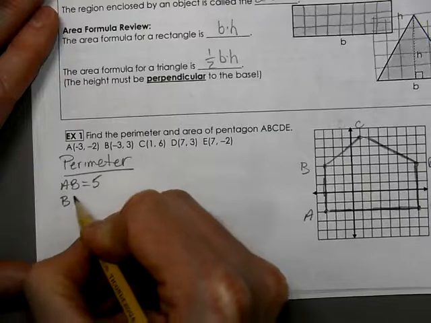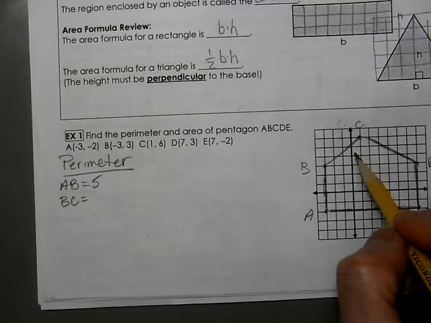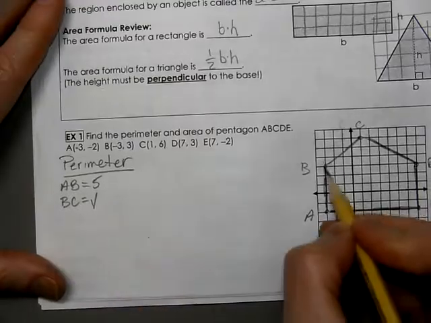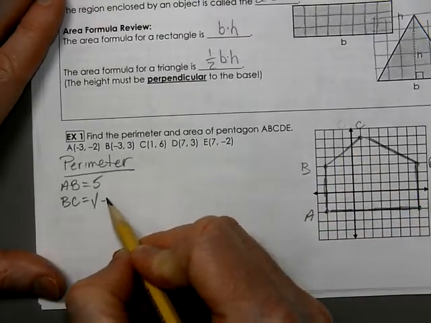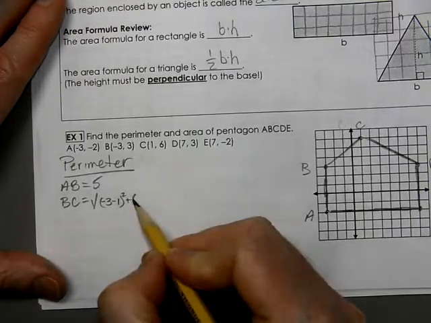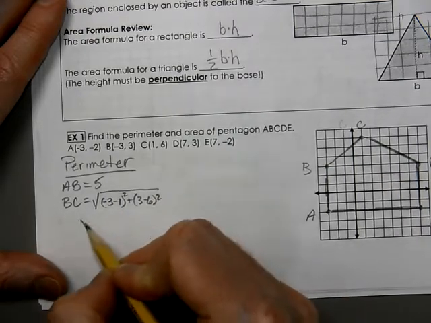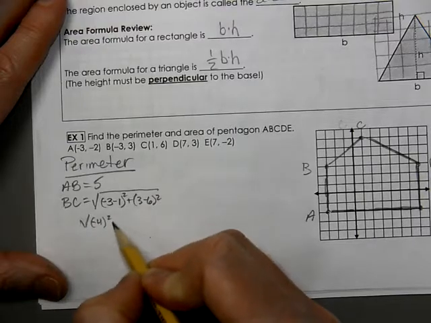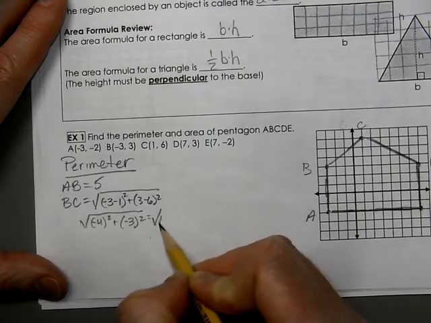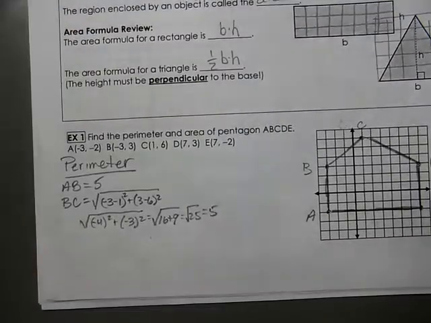But BC is slanted. If you recognize the Pythagorean triple, that would be outstanding. If not, you can use the distance formula from B to C: x2 minus x1, plus y2 minus y1, group your like terms together. 16 plus 9 is the square root of 25, which comes out to be 5.